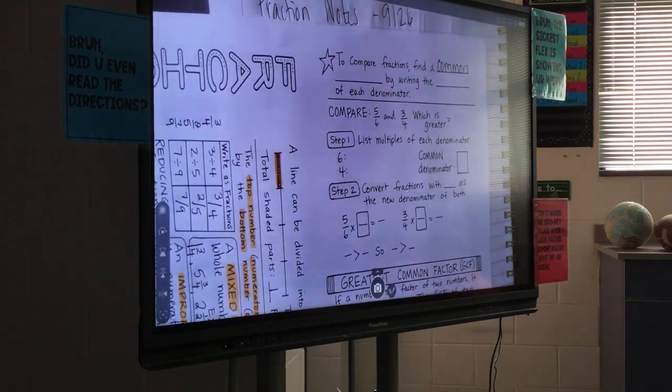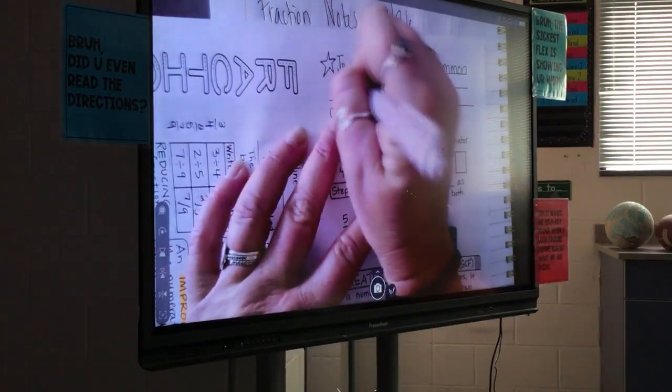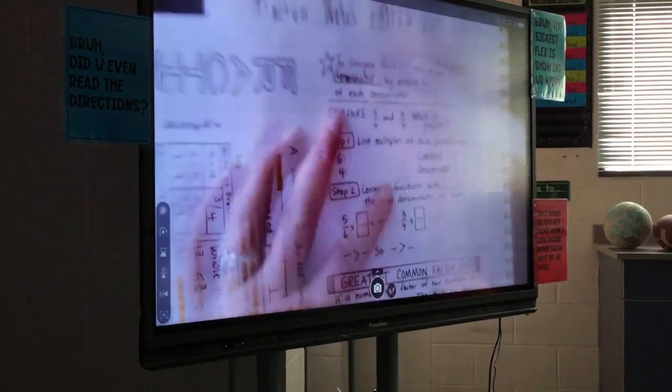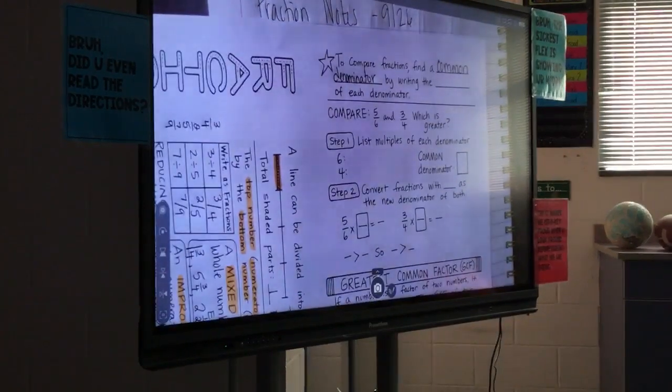Angel. Yes, you have to find a common denominator. Which also has to do with, what other word did we talk about that has to do with common denominators? What skill? Silas? Yes, GCF. So essentially you're finding GCF.